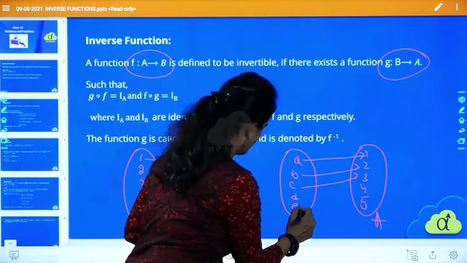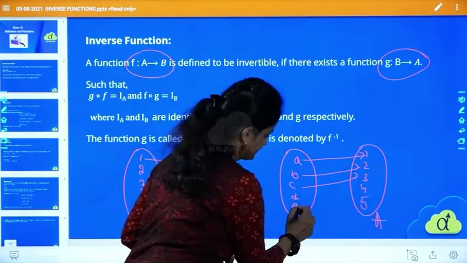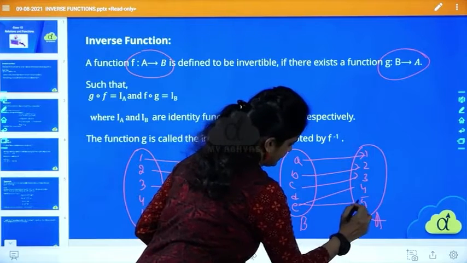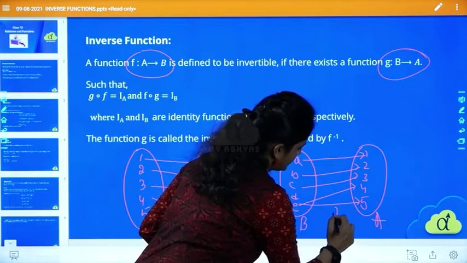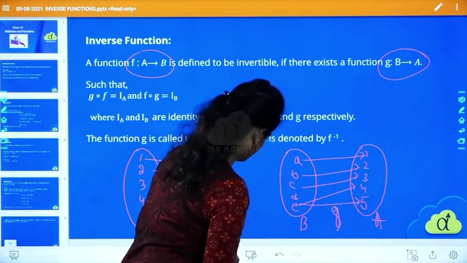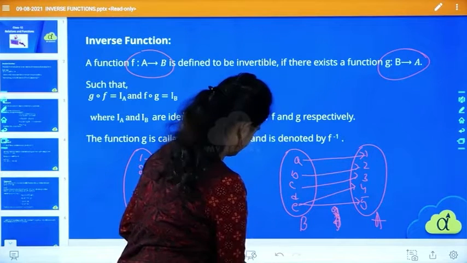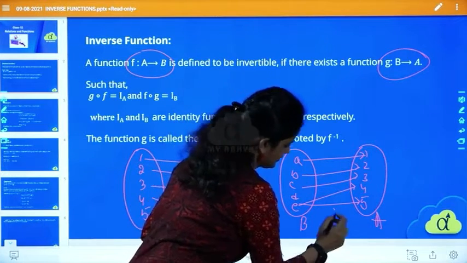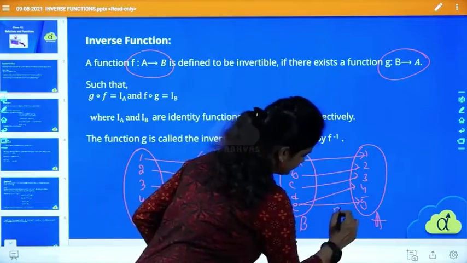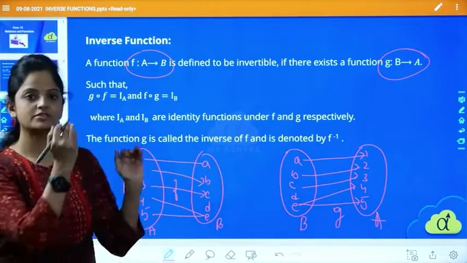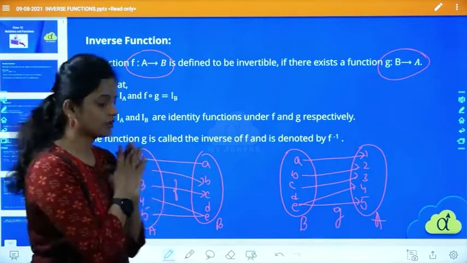E is related to the elements 4 and 5. Suppose this is G, taken from set B to set A. Then what happens?